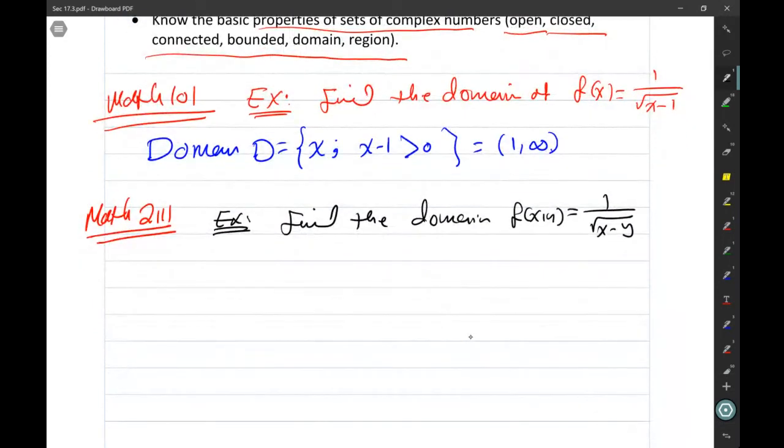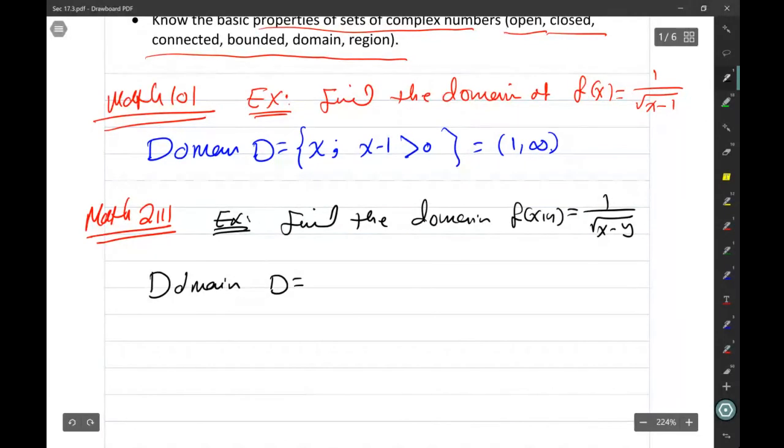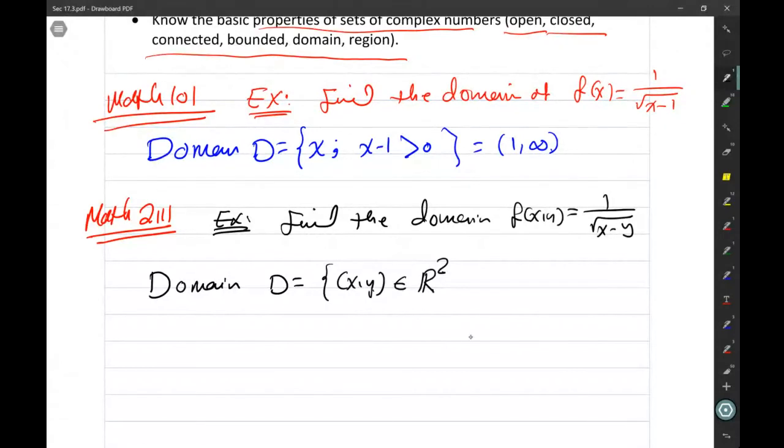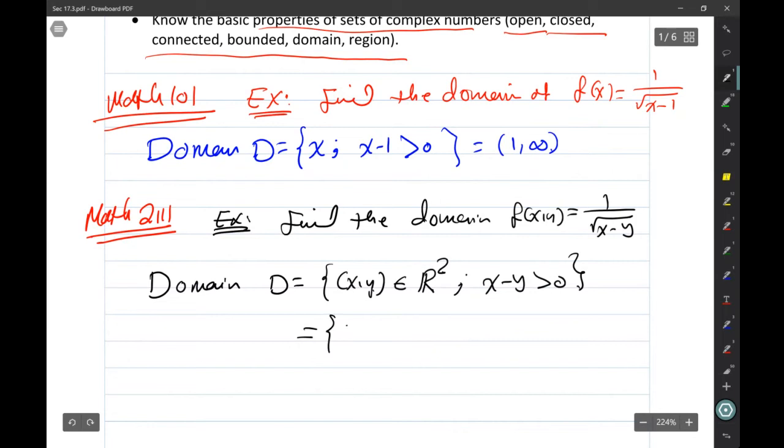To find the domain, it should be the set of ordered pairs in the plane R squared such that what's inside the square root is positive, so x minus y is greater than 0, which means all the pairs in R squared such that x is greater than y. Now, what's the difference between the domains of those two?